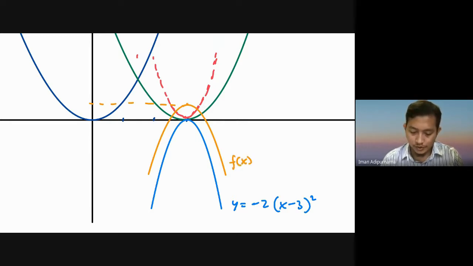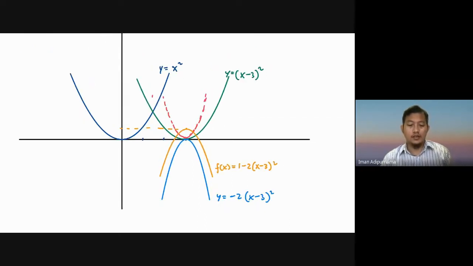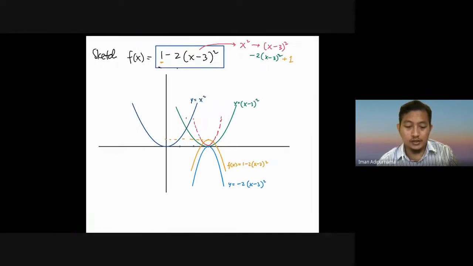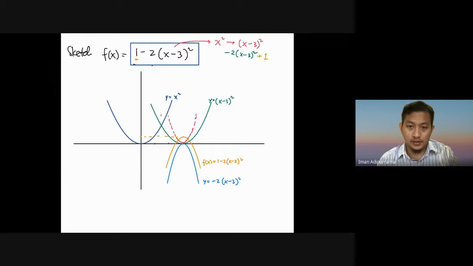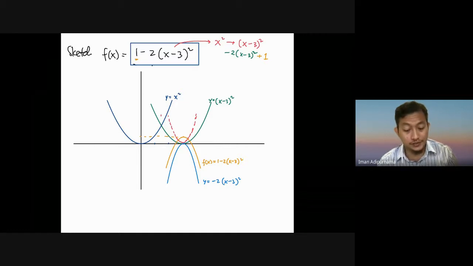And that will be our graph. Okay. I hope you get the idea behind all these transformations. So we make a horizontal shift, we make reflection and stretching, and then we move vertically upwards.